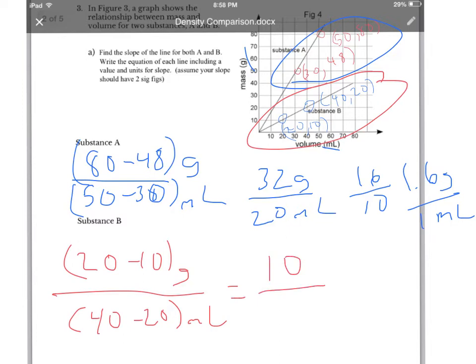That's 10 grams for every 20 milliliters, or 1 gram for every 2 milliliters. So we could say 0.5 grams for 1 milliliter. All of those are viable.